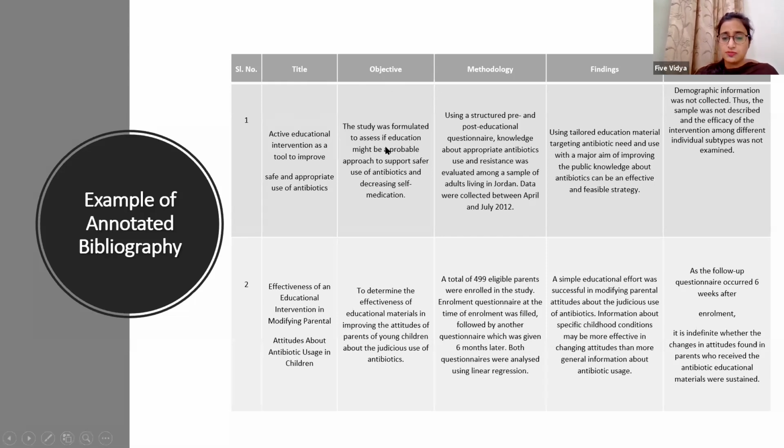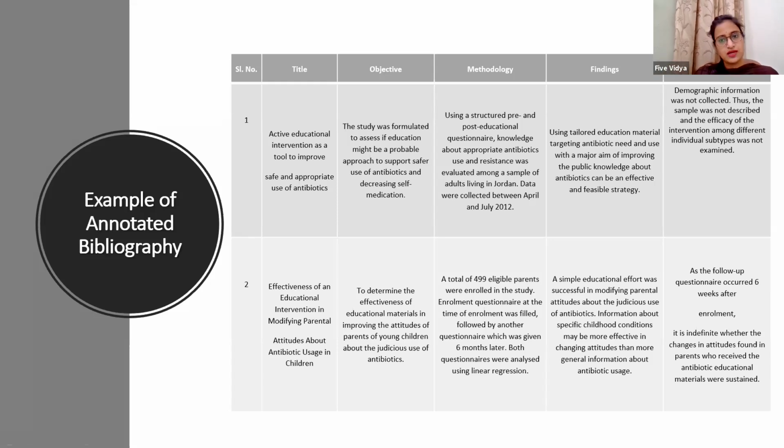Then the objective of that particular paper, the methodology used, the findings of that paper, and the limitations or future work already mentioned in that paper. I review that and write it in table format. Similarly, I'll do it for the second paper, and likewise for all the papers which I have to review.